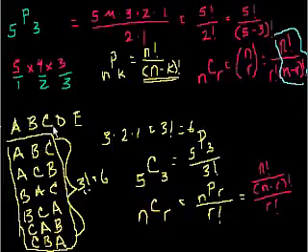So in this situation, if we want to know how many different groups of 3 can be selected from 5 people or from 5 letters, it's going to be 5 factorial over 3 factorial times 5 minus 3 factorial.